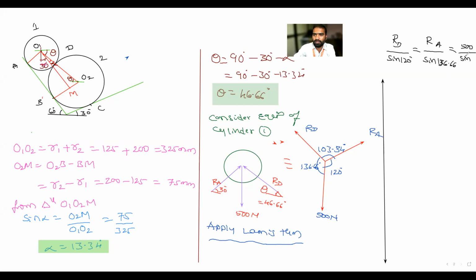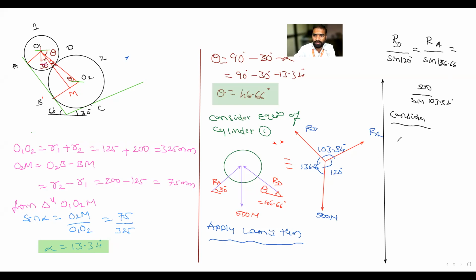I will write the third term. So that is equal to 500 divided by sin of 103.34 degrees. So consider first and third one.